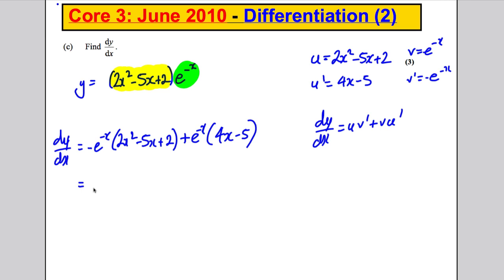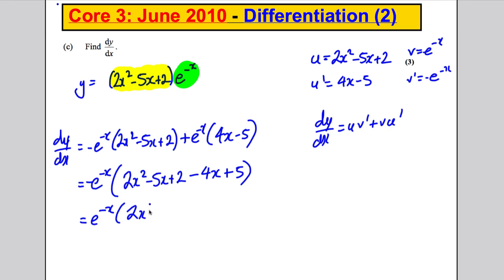And probably to just tidy up, I would factorise out e to the negative x. So negative e to the minus x I'll take out. I would have 2x squared minus 5x plus 2, and then dividing by negative, these would become negative, so I'd get negative 4x plus 5. And just tidying that up lastly, e to the negative x, (2x squared subtract 9x plus 7). And I'm done. That is dy by dx.